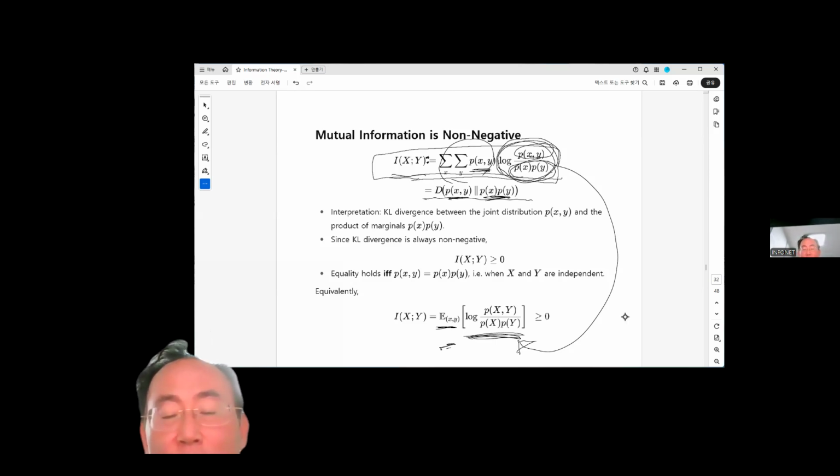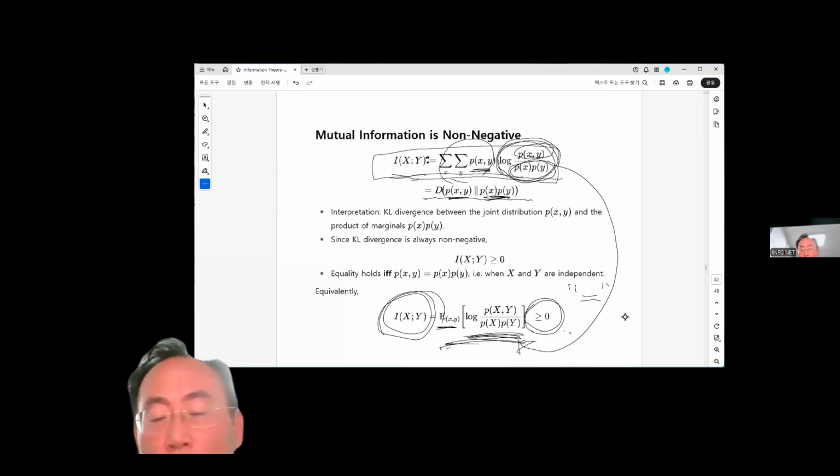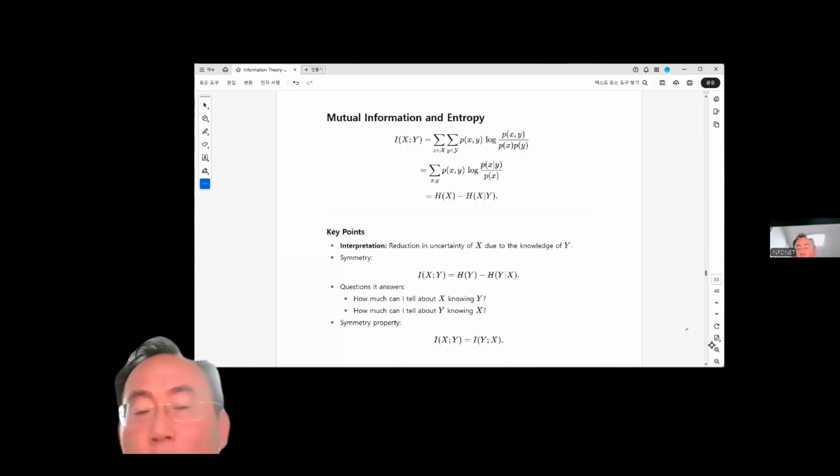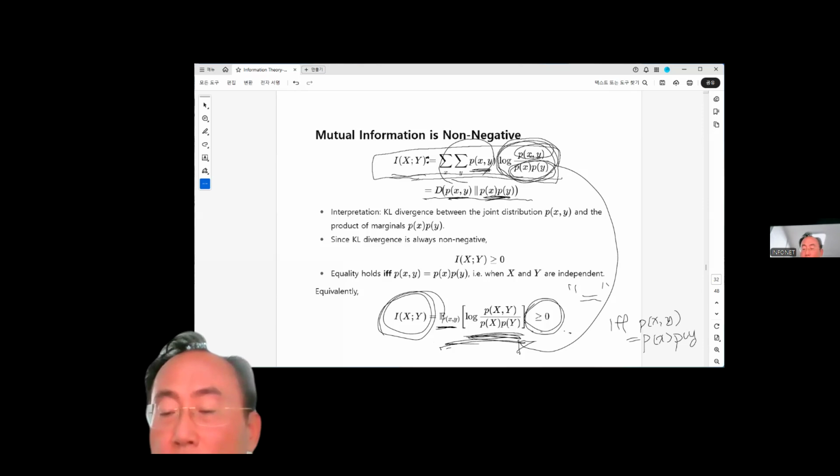Since this is relative entropy, that is non-negative, so mutual information is non-negative. Equality is met if and only if the product distribution is equal to the joint distribution, that is, P_xy is equal to P_x times P_y for all x and y.